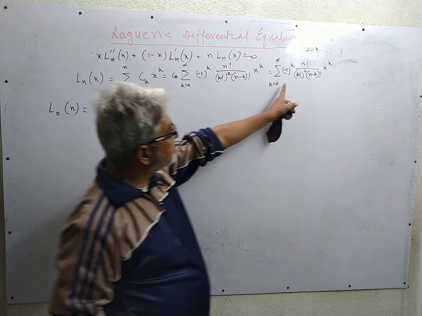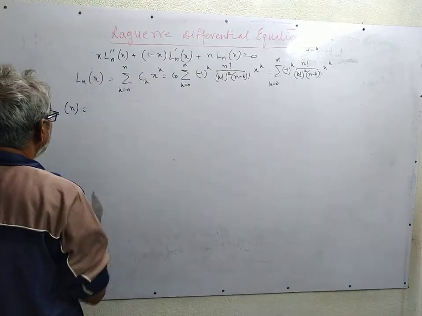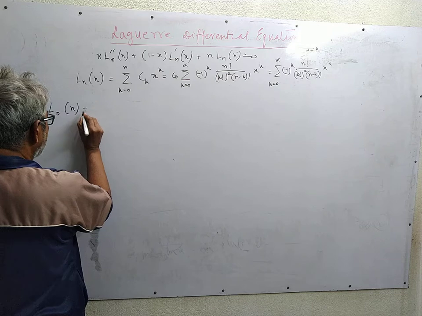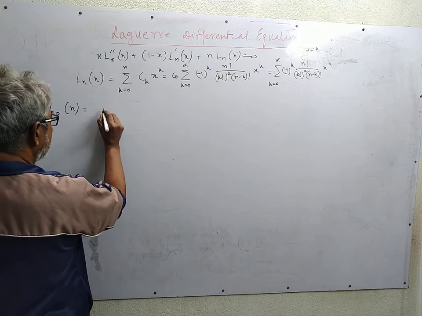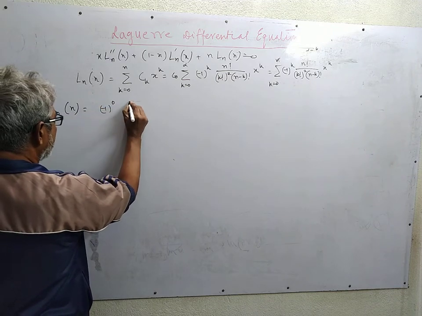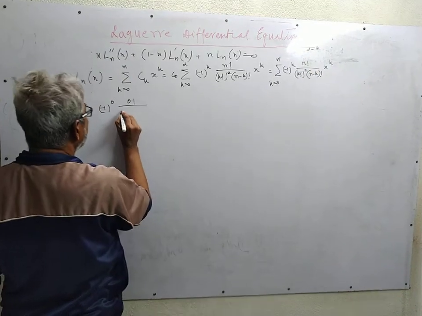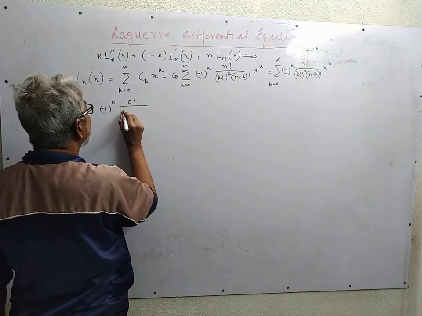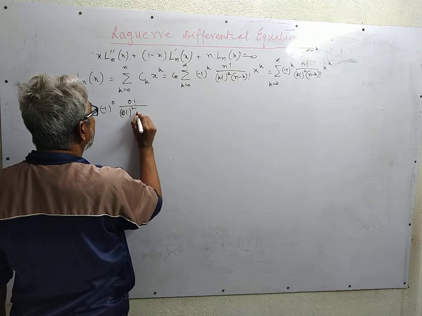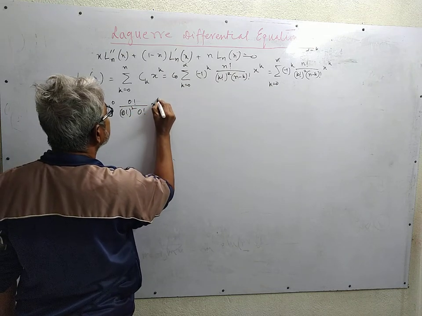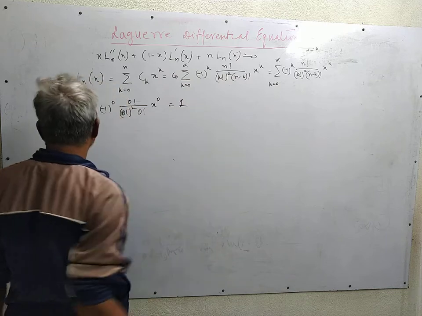There will be a single term, with k equal to n equal to 0. So we will have minus 1 to the power 0, factorial for this term, then 0 factorial square, and again 0 factorial, x to the power 0, which is 1.